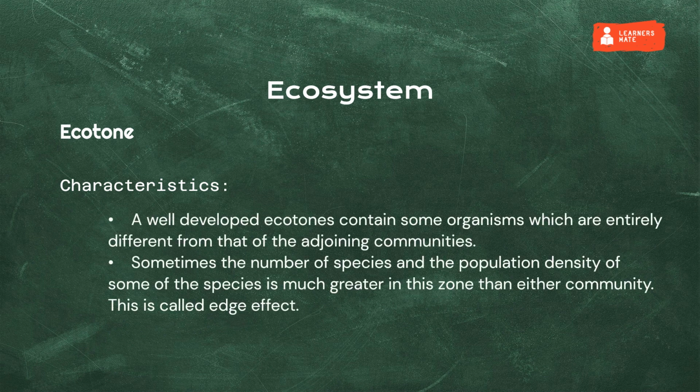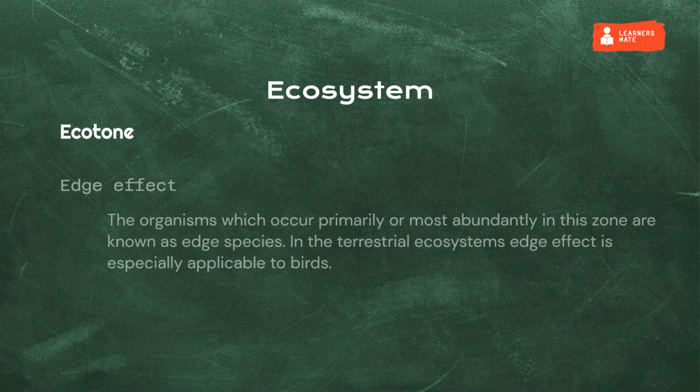A well-developed ecotone contains some organisms which are entirely different from those of the adjacent communities. Sometimes the number of species and the population density of some of these species is much greater in this zone than in either of the communities. This is called edge effect.